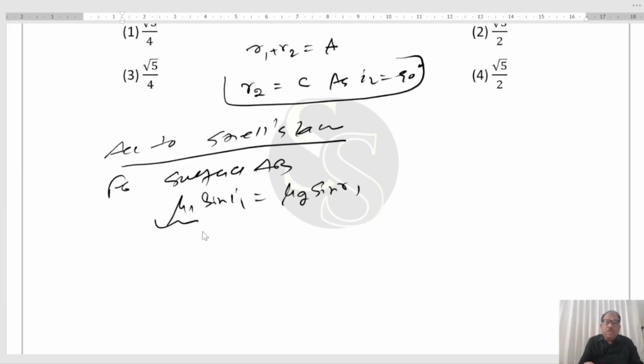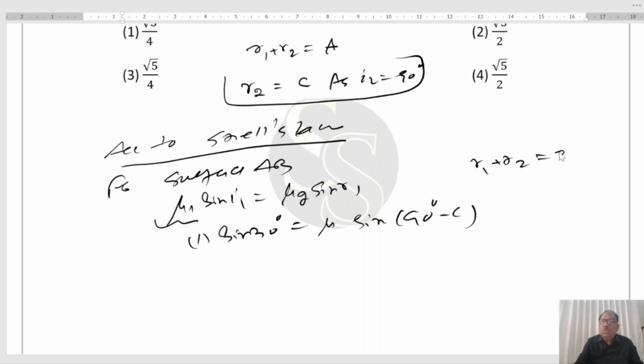In this case, this is 1 into sine of 30 degrees, into mu2, the refractive index of the medium, into sine of 90 minus C, because R1 plus R2 equal to 90. R1 plus R2 equal to A, and R2 is equal to C according to the given question.